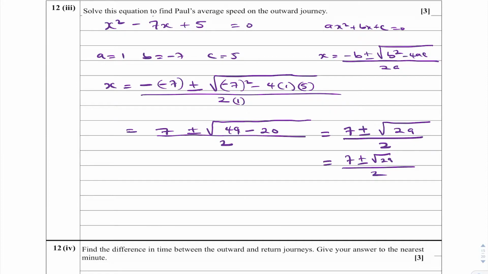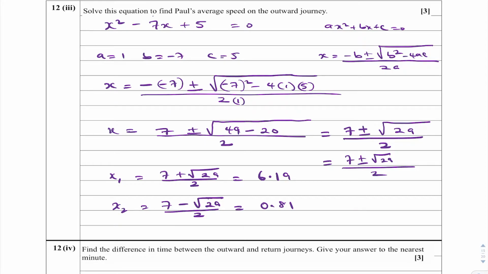So that's x, and the first x solution is 7 plus root 29 over 2, and that gives us 6.19, and x2 will be equal to 7 minus root 29 over 2, and that gives us 0.81.